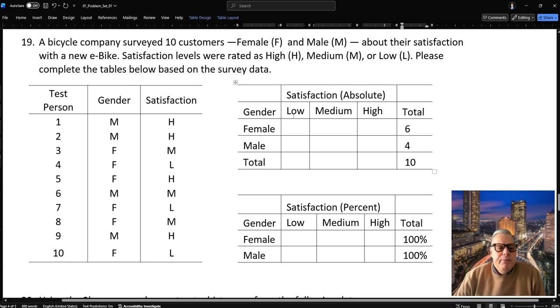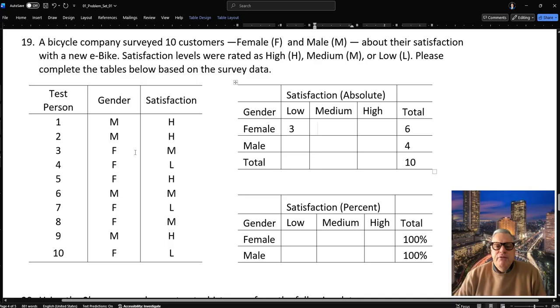How many females gave a low satisfaction rating? Okay, so we go through: female, medium; female, low, so that's 1; female, high; female, low, that's 2; female, low, that's 3.